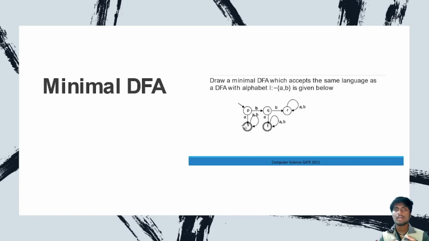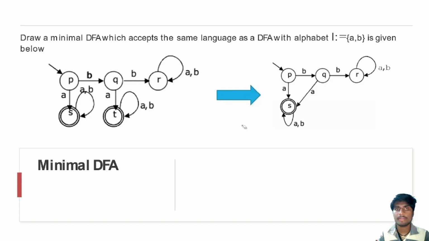But the DFA will be larger, with many useless states, so we need to reduce those states to a minimal size, and for that we use the concept called minimal DFA. You can see this is a DFA we got from an NFA. We minimized it through some procedures to get the proper reduced states, and it is a minimal DFA.